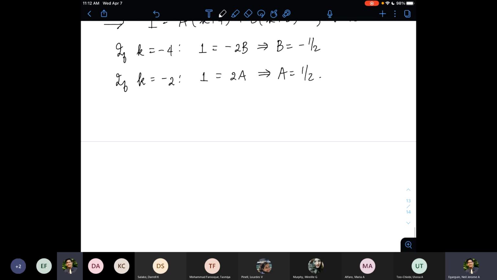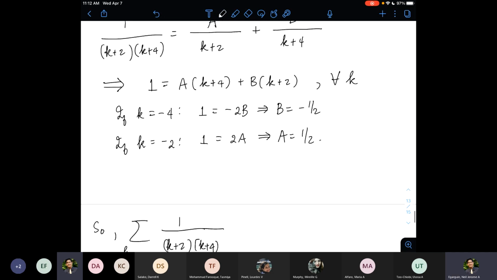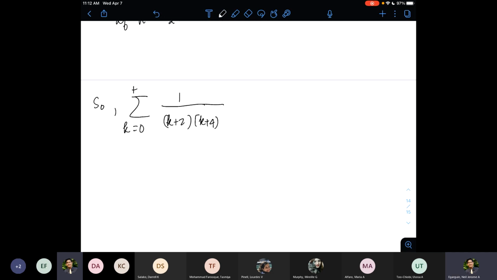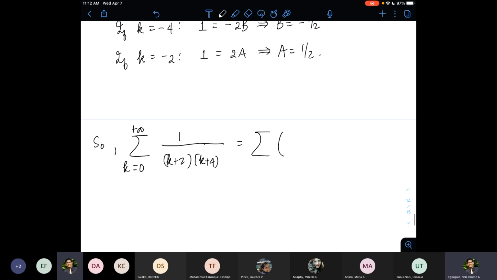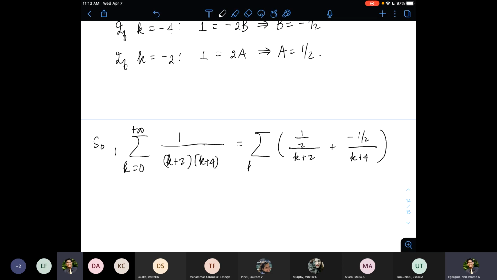So therefore, the original series that we were given, where the summation starts at 0 to positive infinity, is equal to the sum of the partial fractions 1/2 over k plus 2 plus negative 1/2 over k plus 4, k going from 0 to infinity.